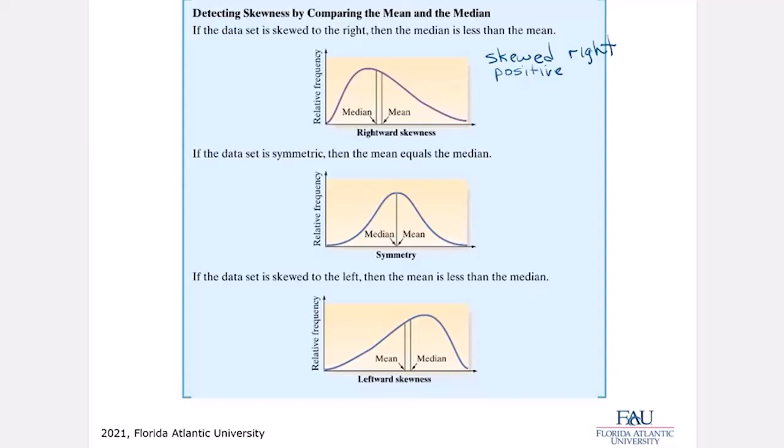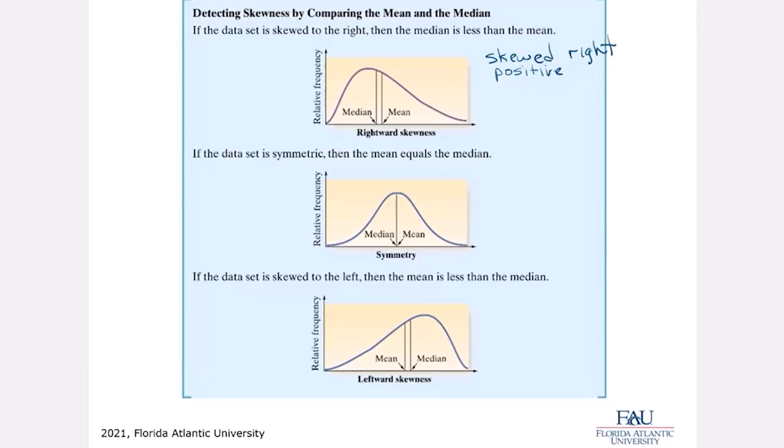The mean is really the same as what you would call the average. If we want to find the mean, we add up all the values that we have and divide by the total number of values. The median is the exact center number. For example, if I had three numbers, 1, 5, 7, 5 would be the median.